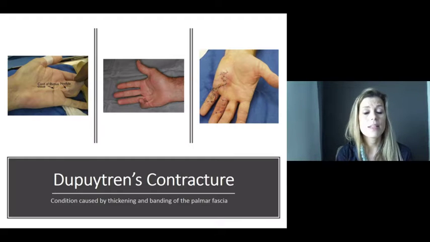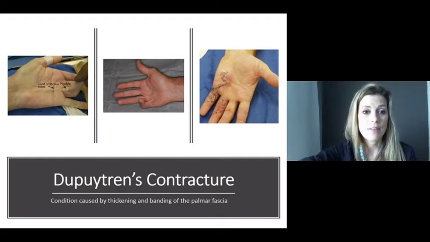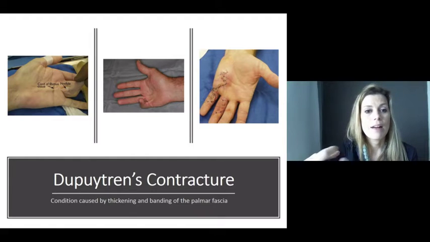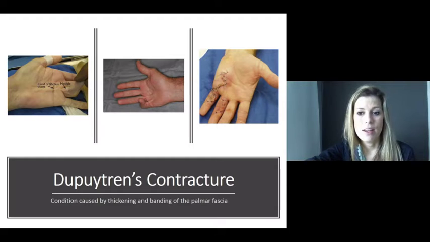When that happens, this is known as Dupuytren's, which you will learn more about down the road in your treatment classes. But with Dupuytren's, as seen on the left side of the screen, you might have cords or nodules that form. In the picture, it might look like a tendon on that left picture and also in the middle picture, but these are not tendons. They're actually contracted palmar fascia that actually has a genetic component to it.